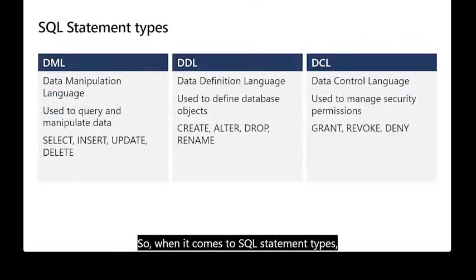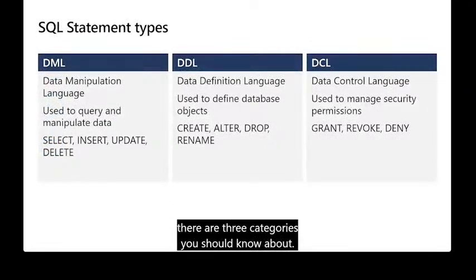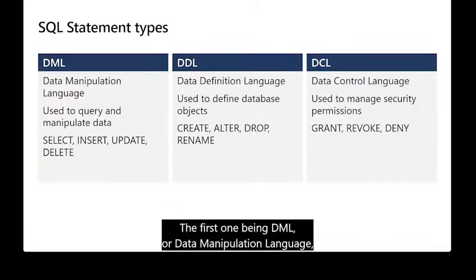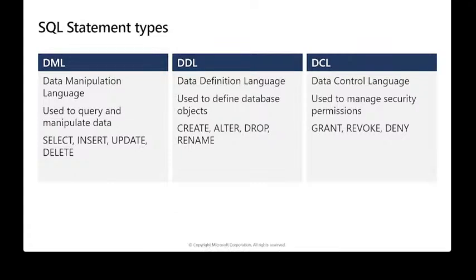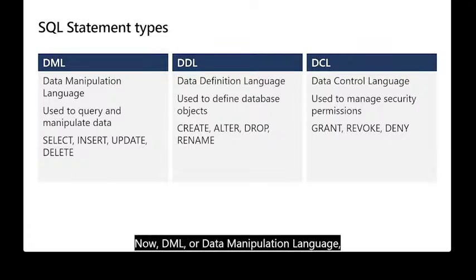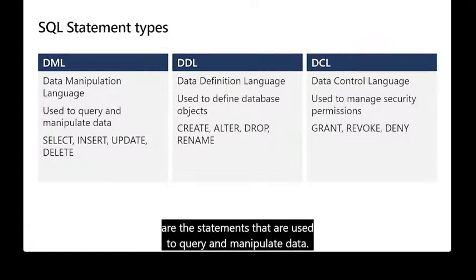When it comes to SQL statement types, there are 3 categories you should know about. The first one being DML, or Data Manipulation Language, DDL, or Data Definition Language, and DCL, Data Control Language. DML statements are used to query and manipulate data.